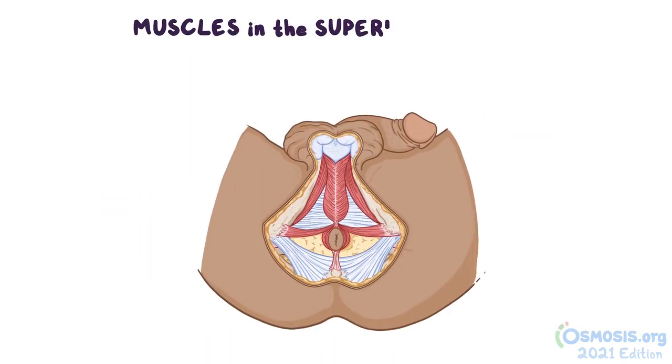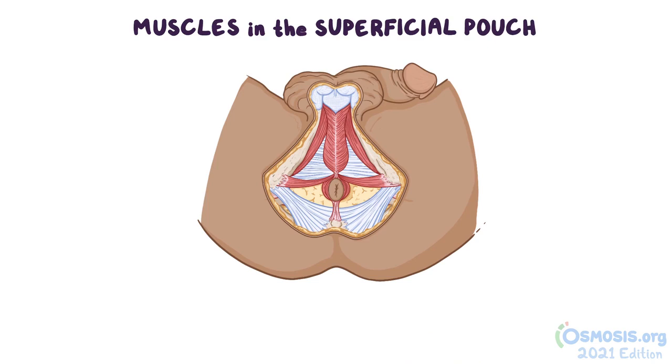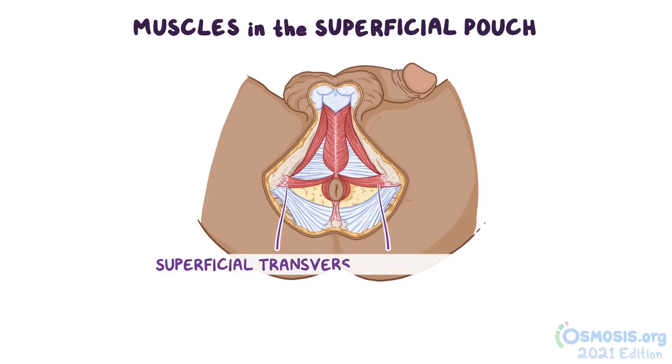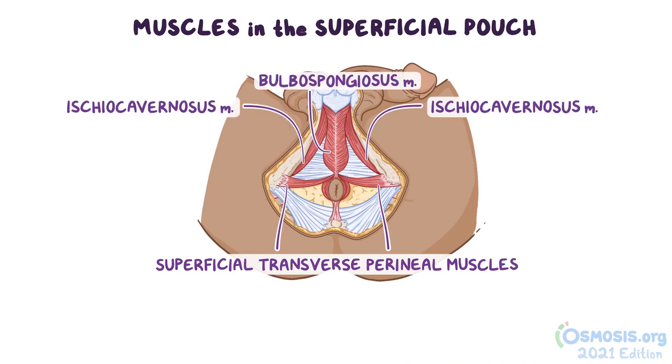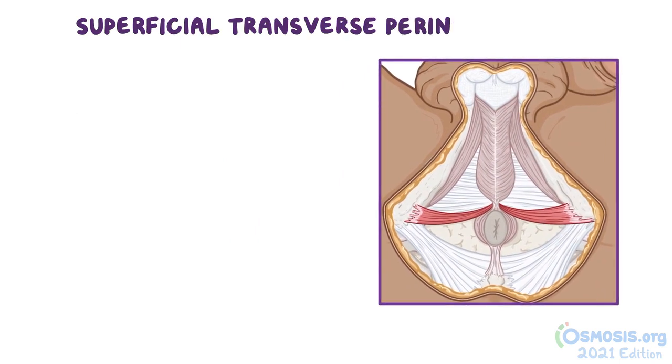Okay, now let's talk about the muscles that lie in the superficial pouch of the male urogenital triangle. These are the superficial transverse perineal, the bulbospongiosus, and the ischiocavernosus muscle. Let's start with the superficial transverse perineal muscles.